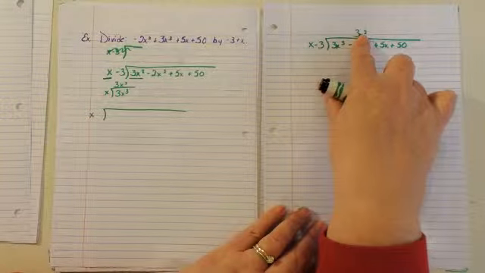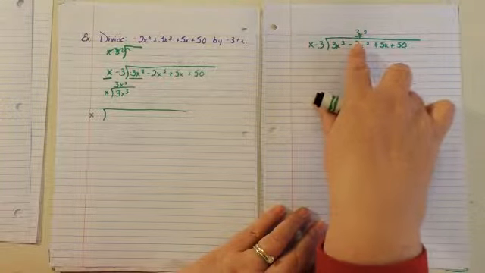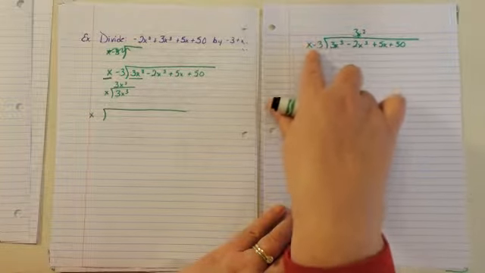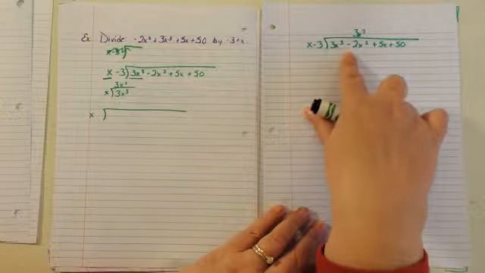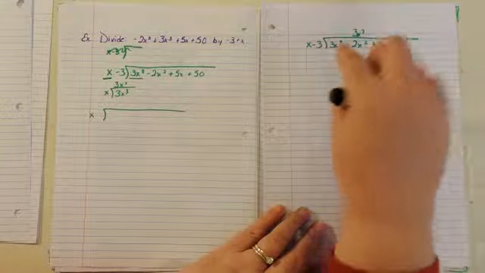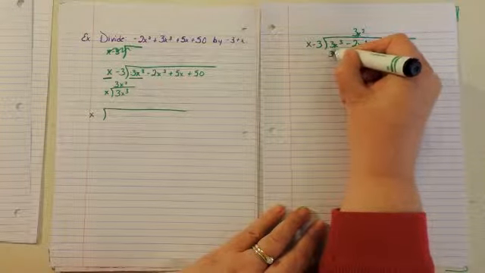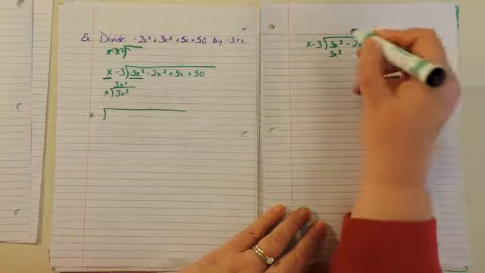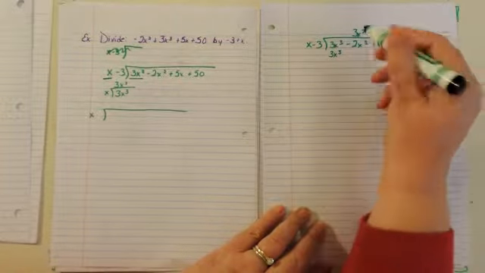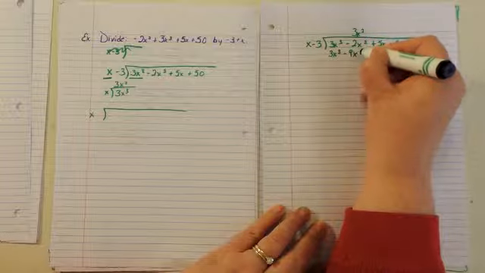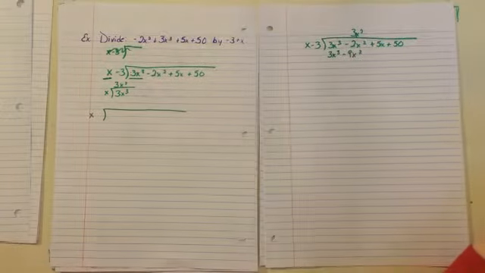So now we have 3x squared, and we're going to multiply that times this and write it down here. So 3x squared times x minus 3 is 3x cubed minus 9x squared, right?